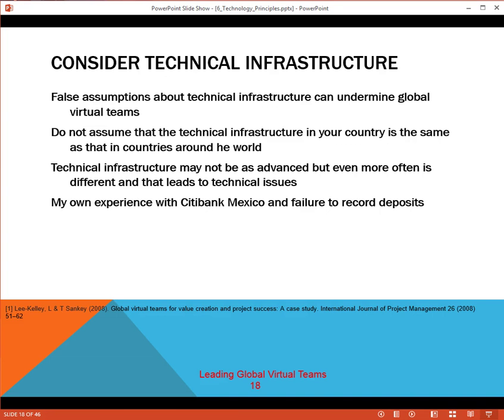We investigated and investigated, and what we found was that the error was actually not in the code or in our hardware for the servers, but instead it dealt with the communications infrastructure in Mexico. In much of Latin America, going back over 20 years ago, they did not have the cable and fiber optic landlines that we have in the United States.